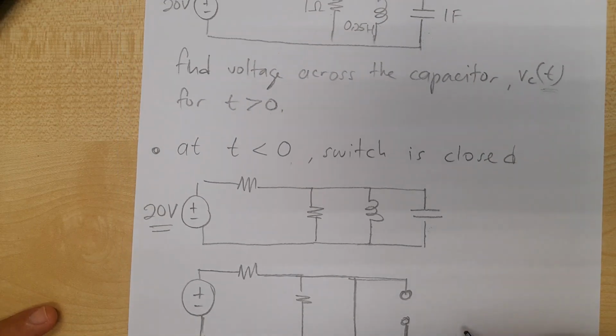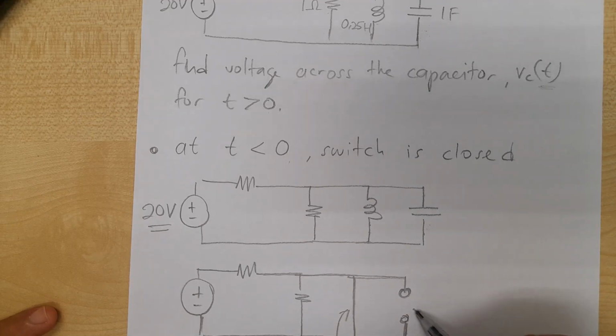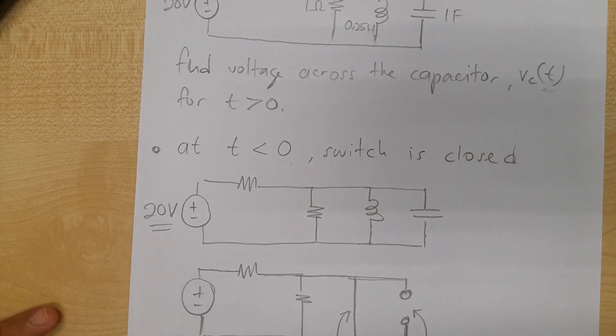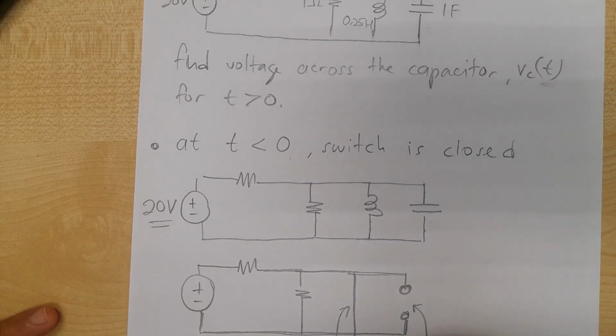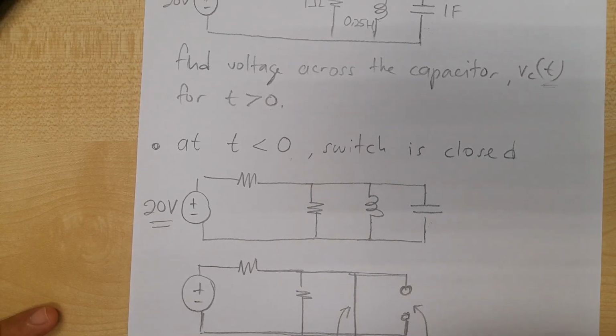So we need to find the initial condition of the inductor and the initial condition of the capacitor. So here this is the initial condition of the inductor, and this is the initial condition of the capacitor, right? So this is the initial condition.